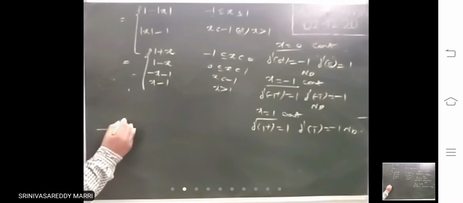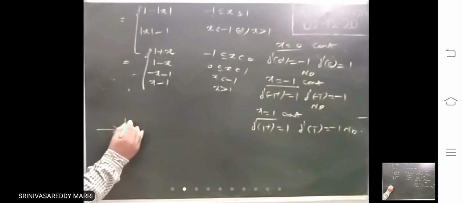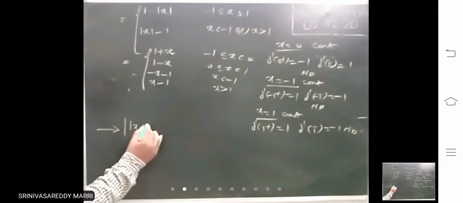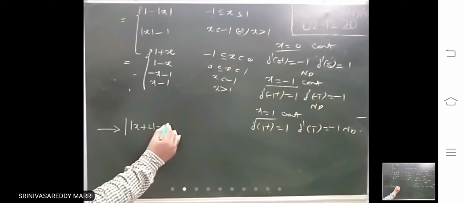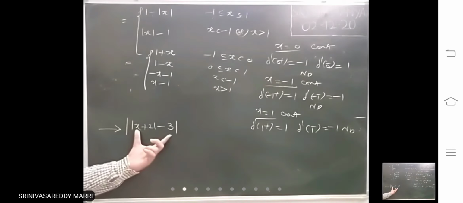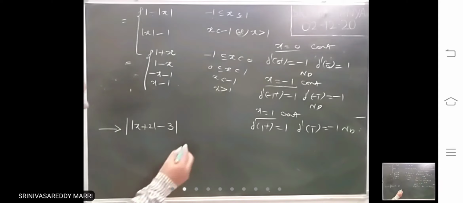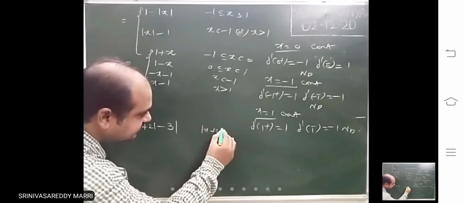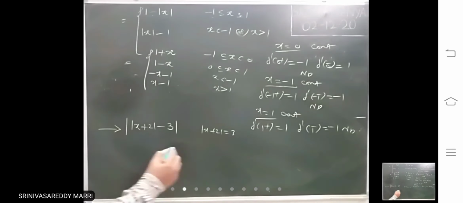Okay, suppose one more problem. Very important model from exam point of view. Modulus of modulus of x plus 2 minus 3. You have to find the points where it is not differentiable. First modulus inside, you equate it to 0. This will become 3.